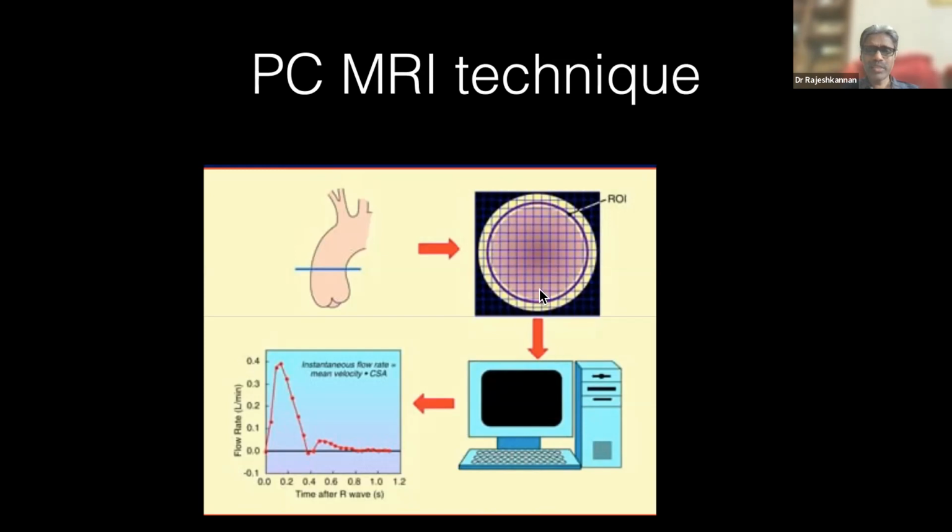Using that data, by post-processing with a computer model, we finally get a graph like this. So we can get the blood flow within any particular vessel, and we can calculate the positive flow, negative flow, and so on. This is the basic, simple way to describe it in a single slide.